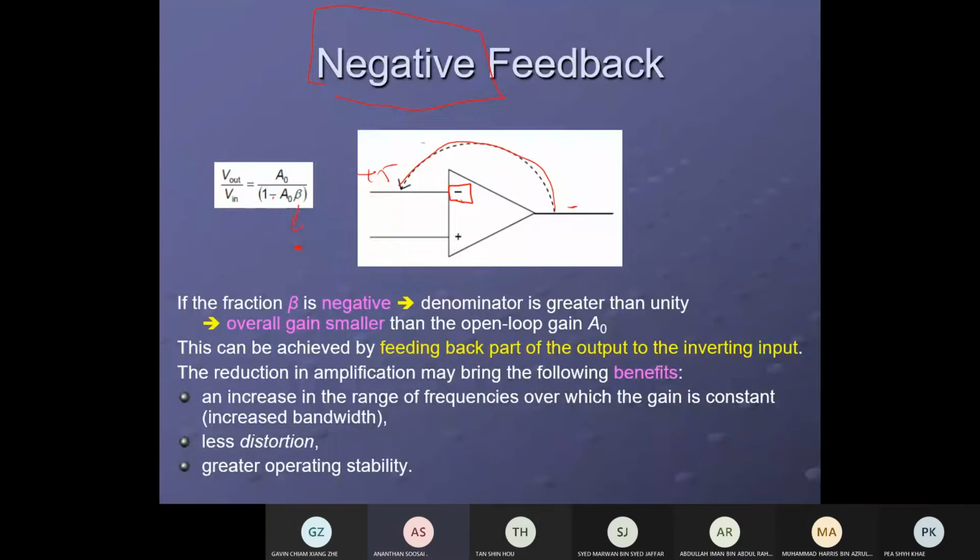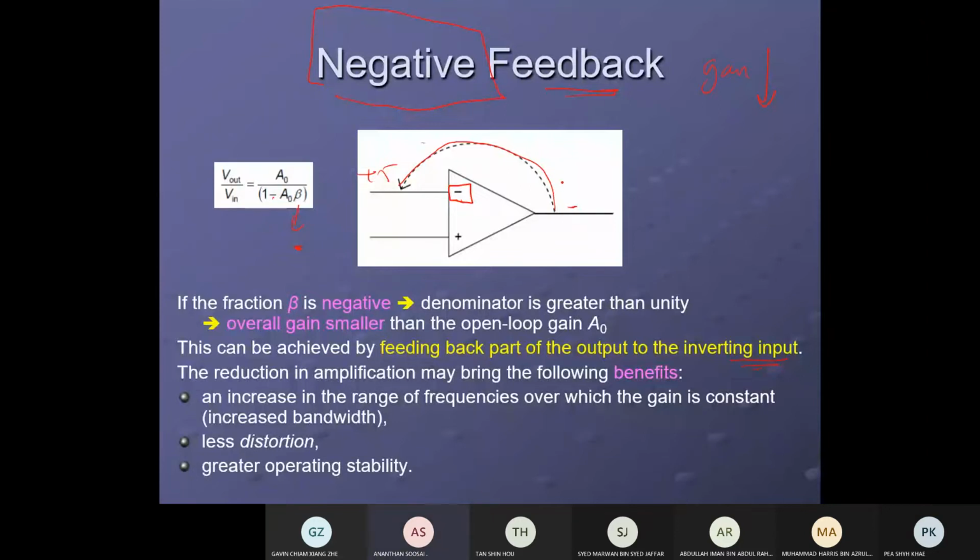To make it easier, just remember that by doing feedback, the gain of the op amp decreases and the overall gain is smaller. This can be achieved by feeding back part of the output to the inverting input.